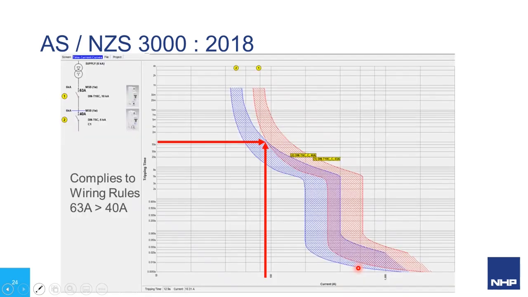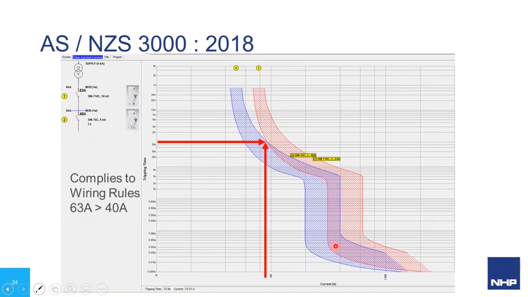If I have a look at the selection pre-Amendment 1, we have a look at compliance of 63 to 40 amps to the wiring rules. And we see here that the requirement for AS 3000 shows a time current coordinate where we start to have conflict in the time current curve and the instantaneous curve.